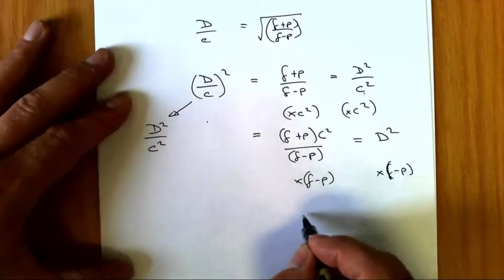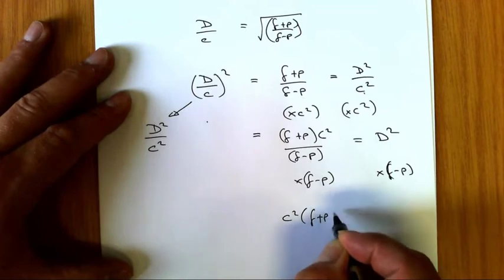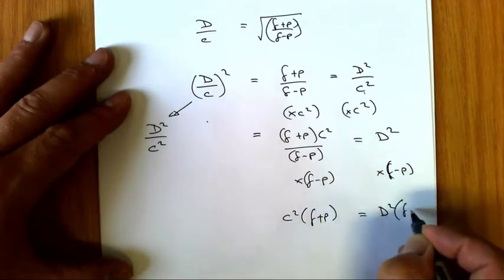We end up with c squared times f plus p equals d squared f minus p.